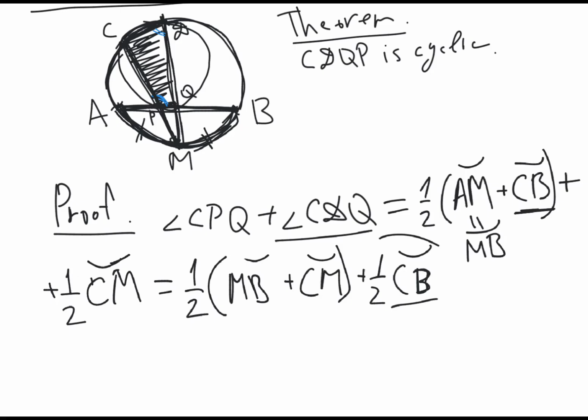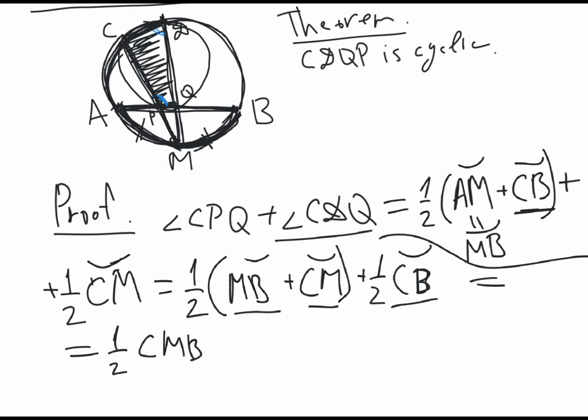So now we see that this sum is equal to MB plus CM. What is it? MB plus CM is simply the arc CB, this large arc. So this is 1/2 of the arc CMB and 1/2 of CB. Well, it's better to write CDB, to remove any ambiguity about which of the two arcs CB it is.